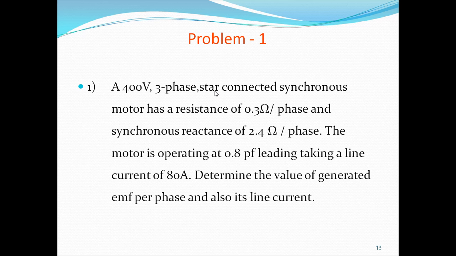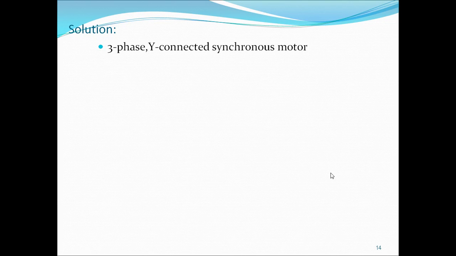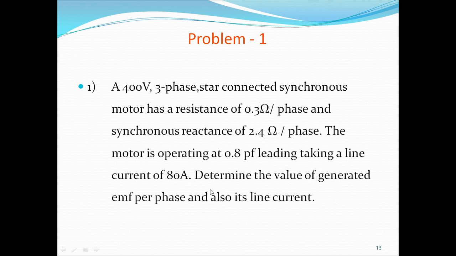The motor is operating at 0.8 power factor leading, taking a line current of 80 amps. Determine the value of generated EMF per phase and also the line current. So read the problem carefully and note down the given values.